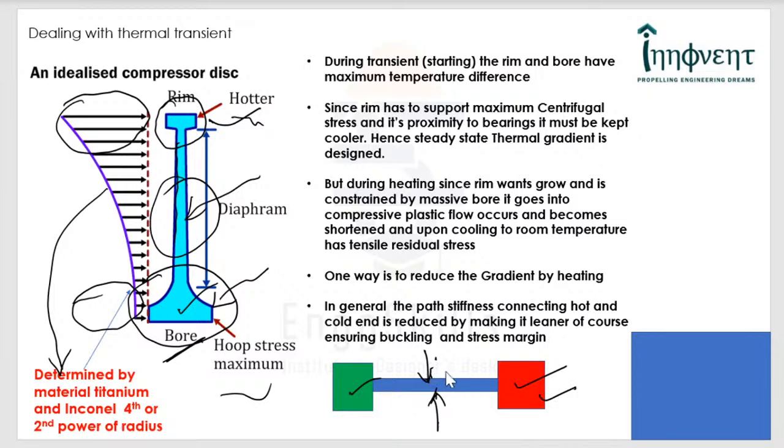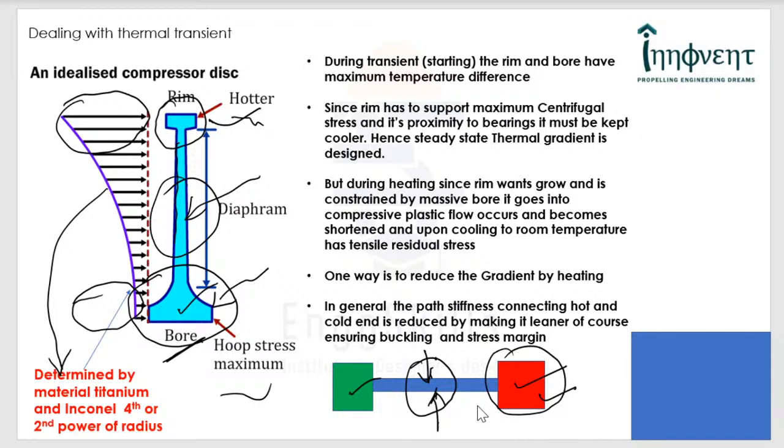If you make this leanest possible, and this can be applied to any general situation, not just to the disc, then it allows the rim to expand to a certain extent, the constraint is released to a certain extent, and the thermal stresses are indeed reduced.